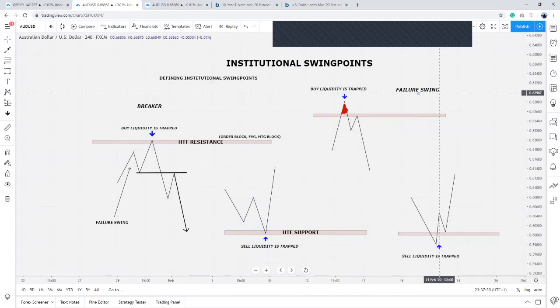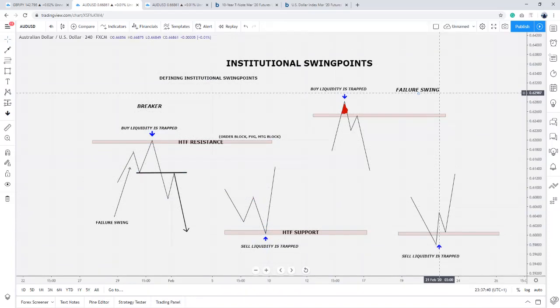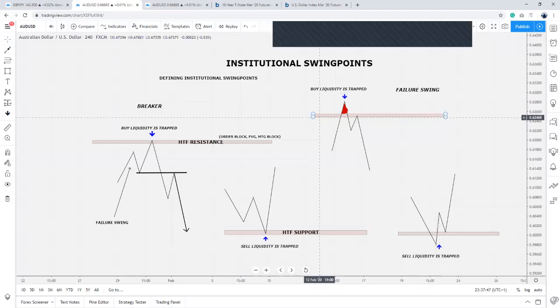Okay, so now let's go down to the failure swing. So now, what is the failure swing? All right. So a failure swing, as always, you want to have your higher time frame resistance level, higher time frame support level identified beforehand, and you're looking at how price reacts around that level.